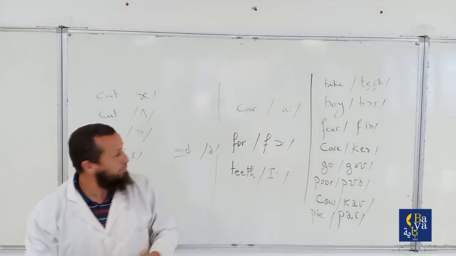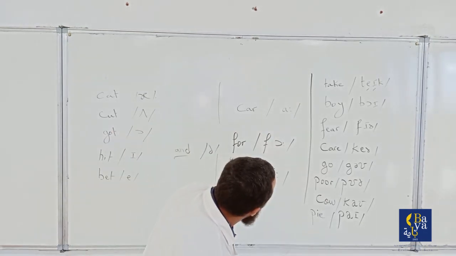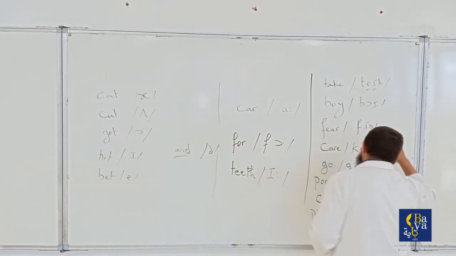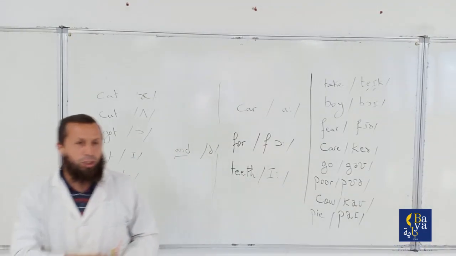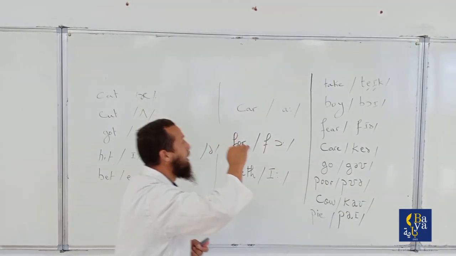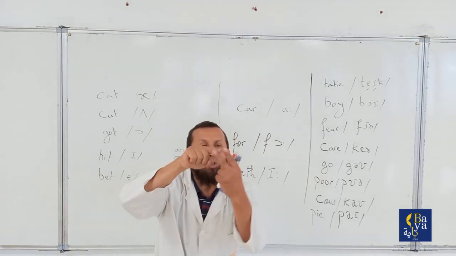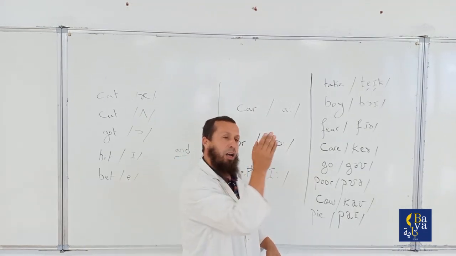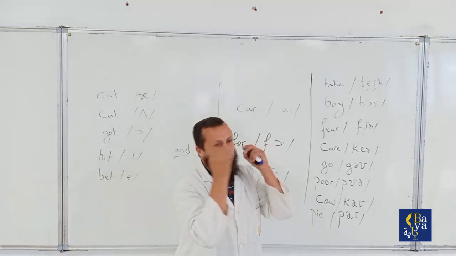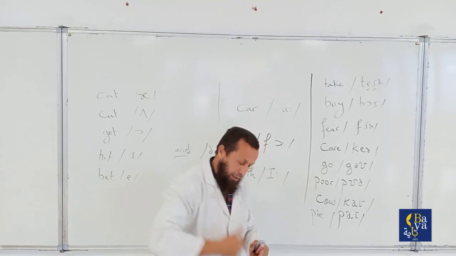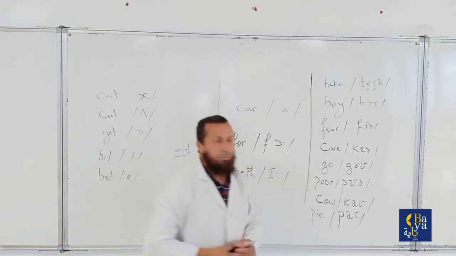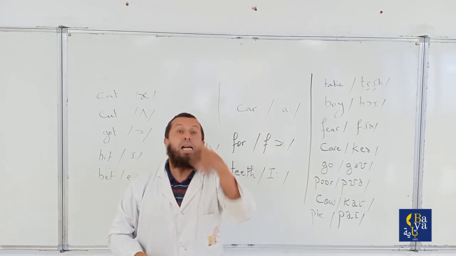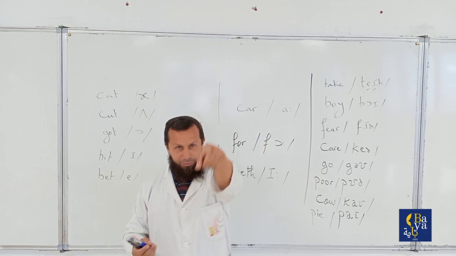These are the 2, 4, 6, 8. We have 8 diphthongs. Diphthong means two vowel sounds, two successive, linked vowel sounds. And we have 8 in English. We don't have 9. We have 8.